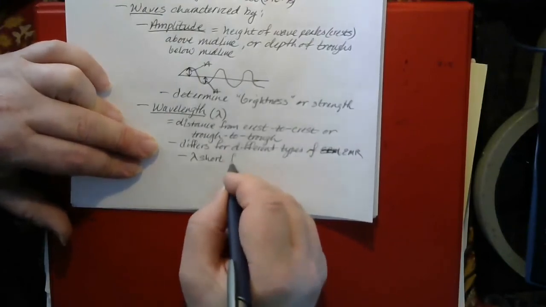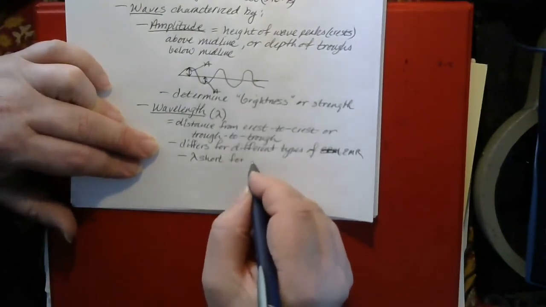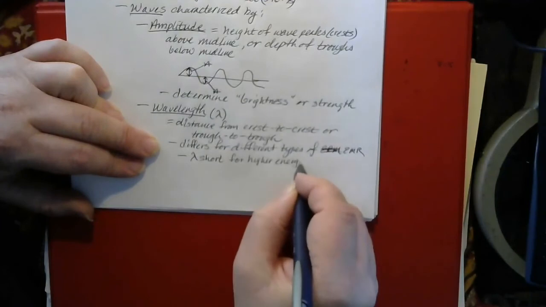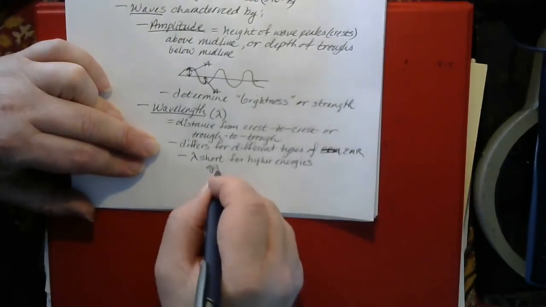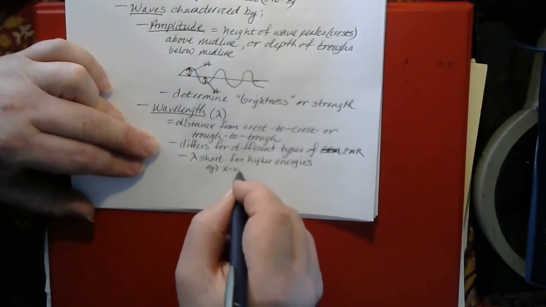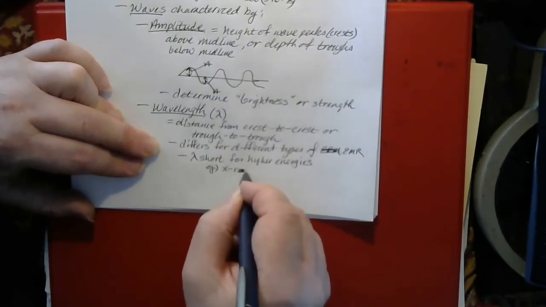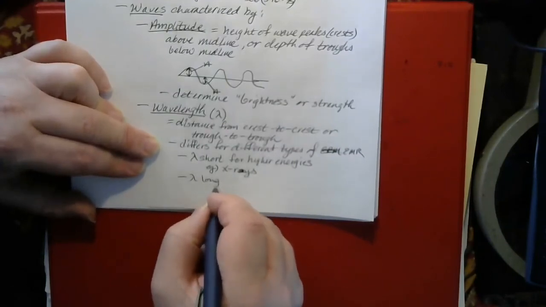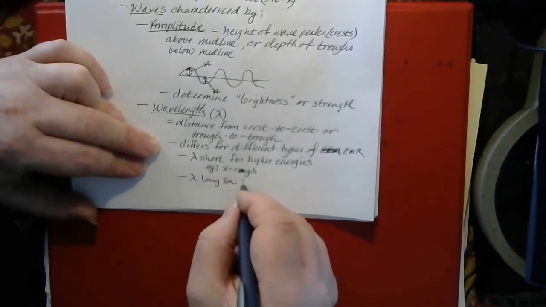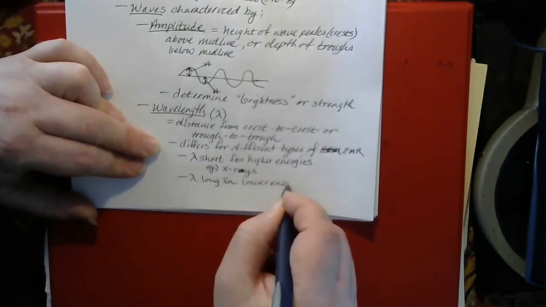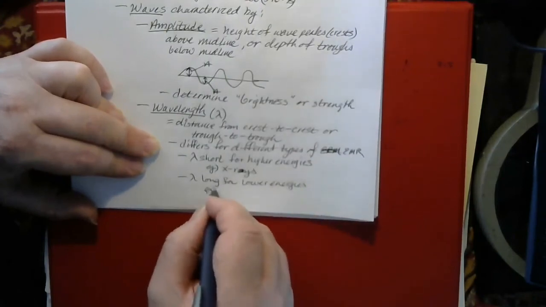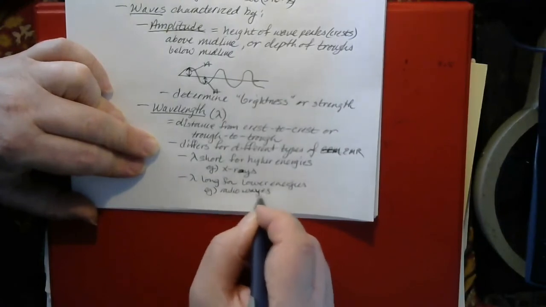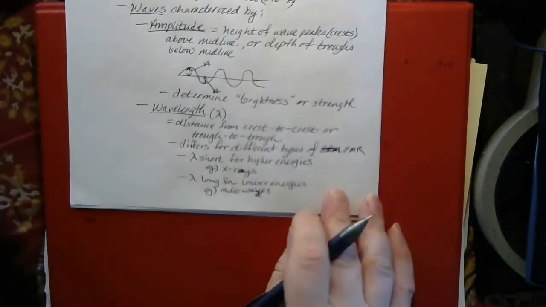So wavelength is short for high energy electromagnetic radiation, and that would be, for instance, X-rays. And wavelength would be long for lower energies, and that would be, for instance, radio waves.